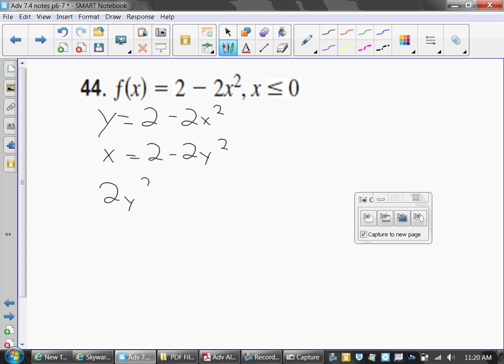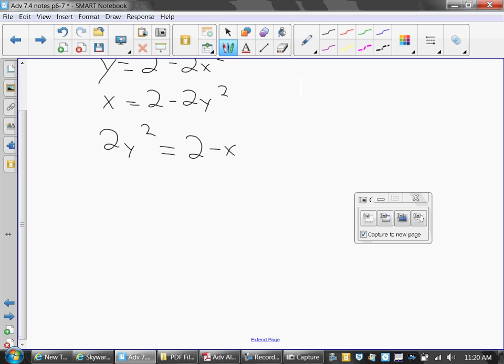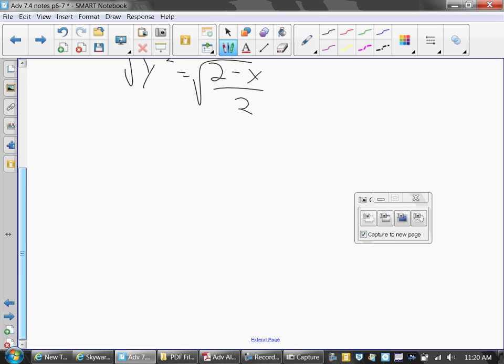So I have 2y squared equals 2 minus x. I'm going to do that first. Now I'm going to divide everything by 2. So I have y squared is 2 minus x all over 2. Then I have to take the square root of it. So you wind up with y equals the square root of 2 minus x over the square root of 2.